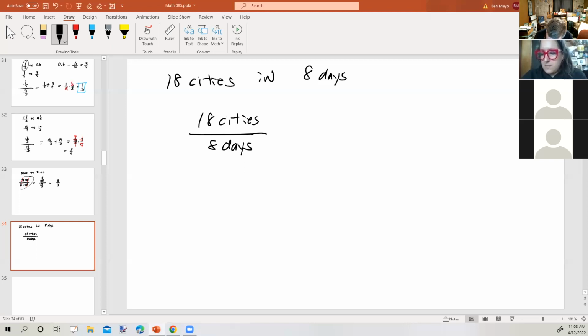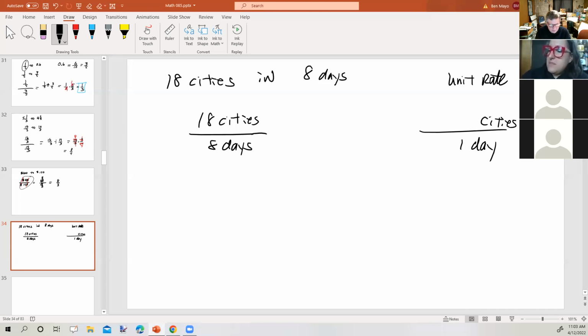We want an answer that's so many cities per day because we're looking for a unit rate. Okay, so if I divide the bottom by 8, that's going to give me the 1 day I desire. So I've got to divide the top by 8 to figure out what goes on top. So I've got 18 divided by 8. Okay, goes in twice, 16, 2.